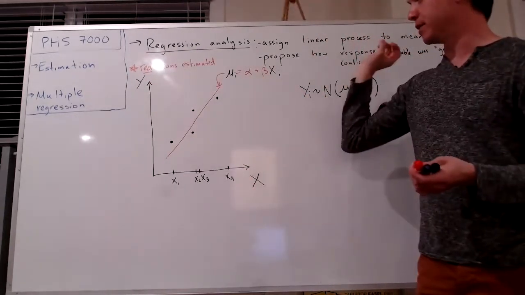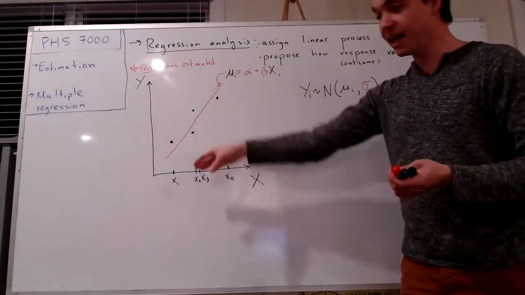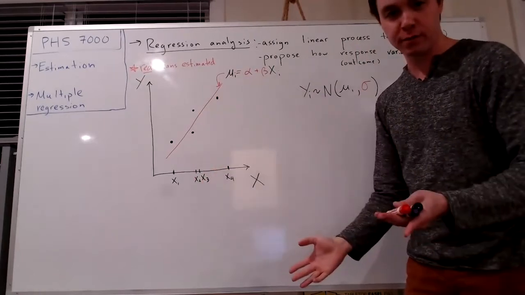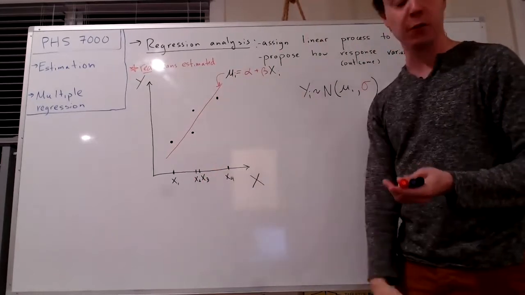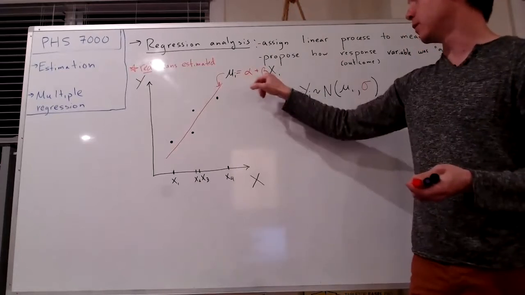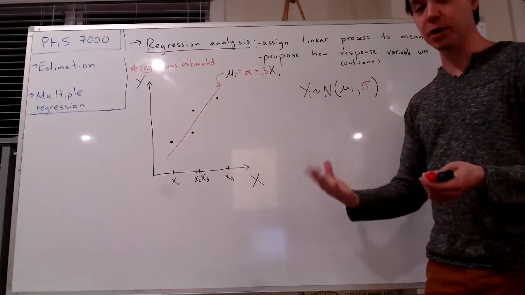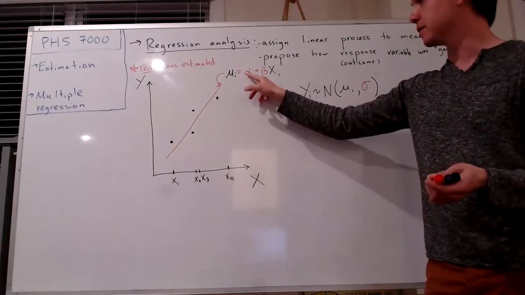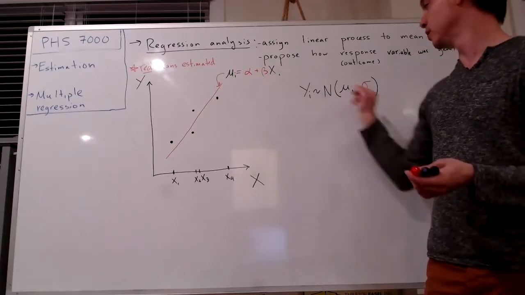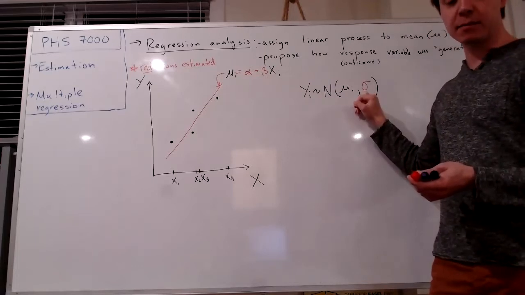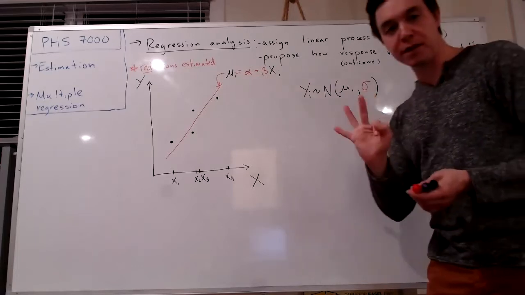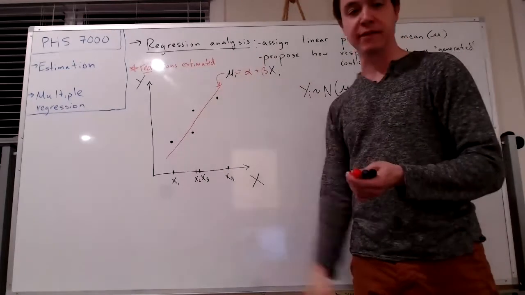So although we observe n data points, I know I have 4 plotted, but suppose there's 4,000 there. The process that we have proposed, we only need the intercept, the slope, and the sigma parameter. So only 3 things estimated no matter how many observations you have.